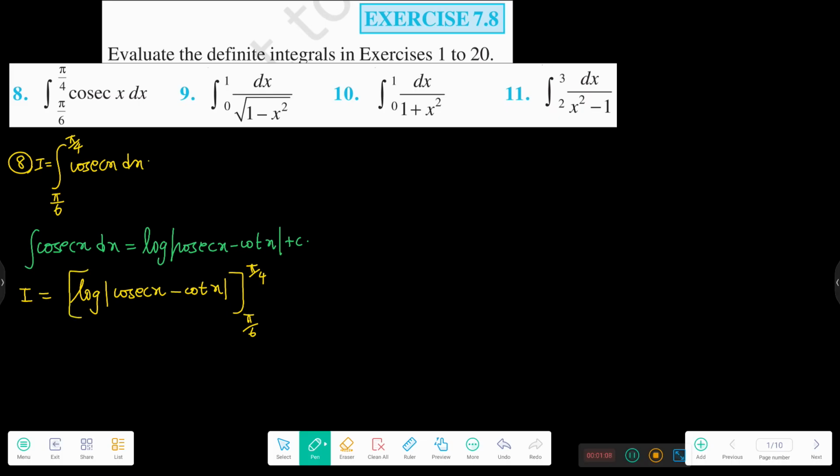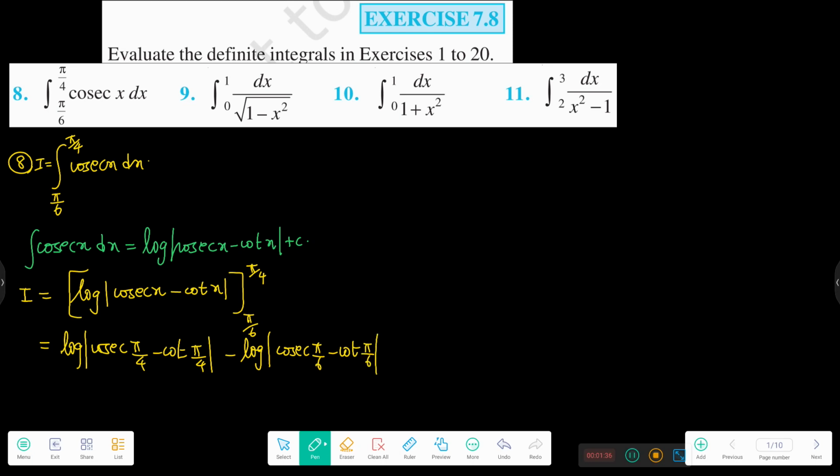So that is log of the first upper limit, log of cosecant pi by 4 minus cot pi by 4. Okay, this is the upper limit minus the lower limit: log of cosecant pi by 6 minus cot pi by 6.